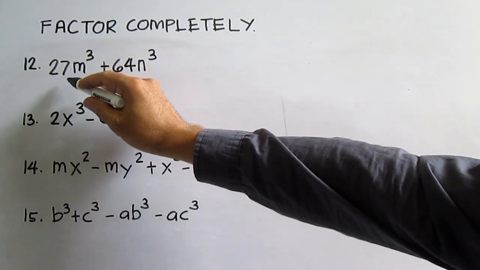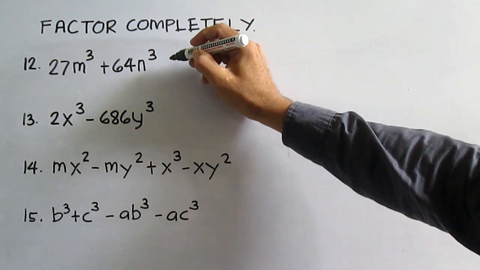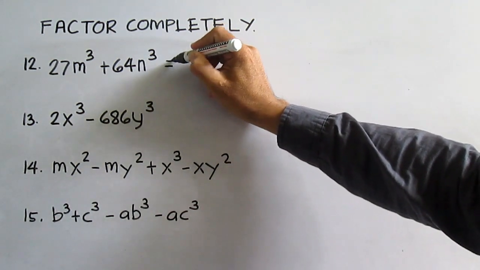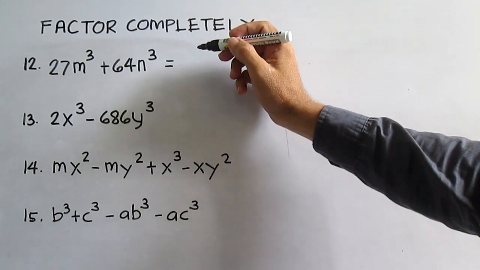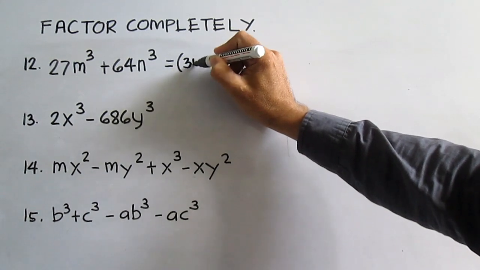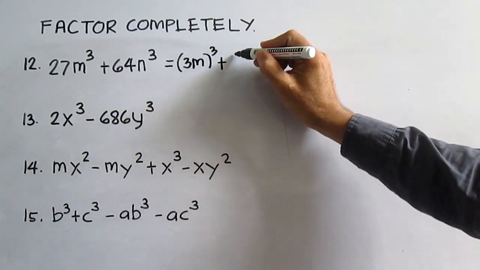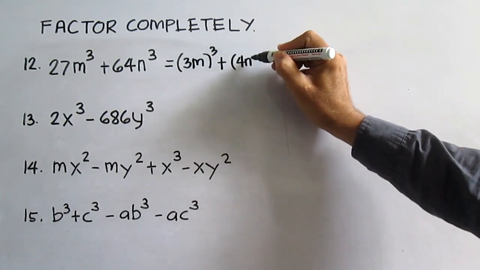27 is a perfect cube. 64 is also a perfect cube. This can be written as the cube of the quantity 3m plus the cube of the quantity 4n.